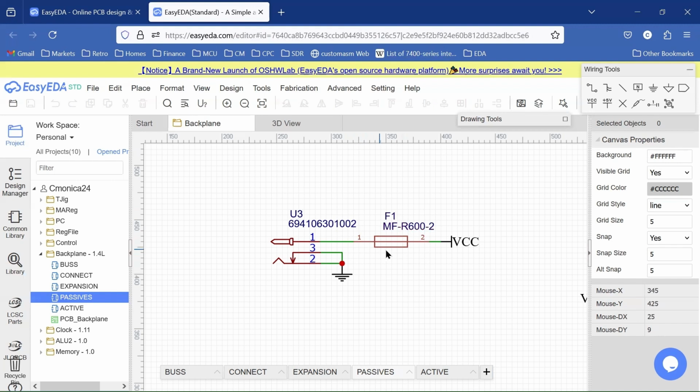As long as the current is under 6 amps, this fuse is going to have a very low resistance. But as the current starts to approach 6 amps, it's going to start to heat up. And shortly after 6 amps, it's really going to reach its tripping temperature, and the resistance is going to go very high. So that effectively shuts down the current.